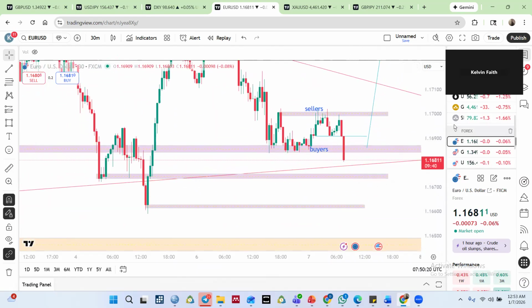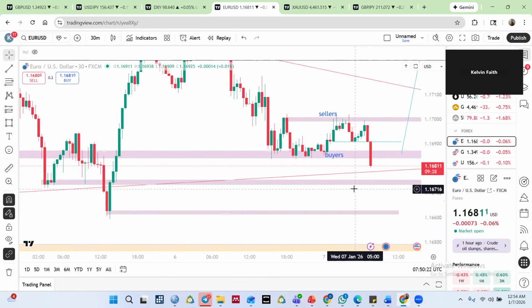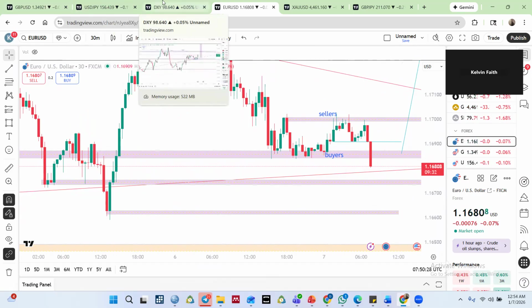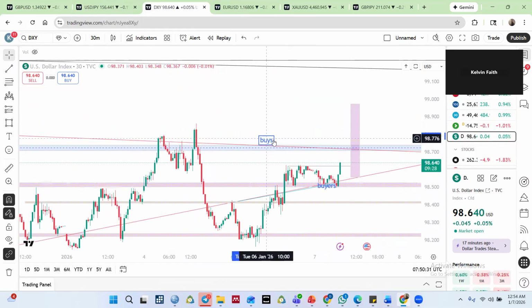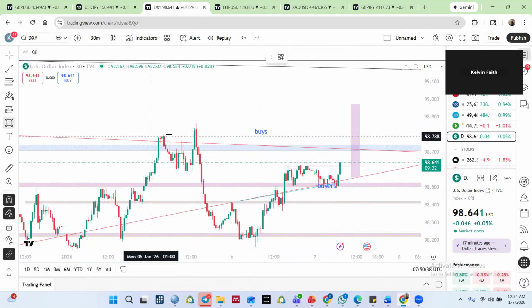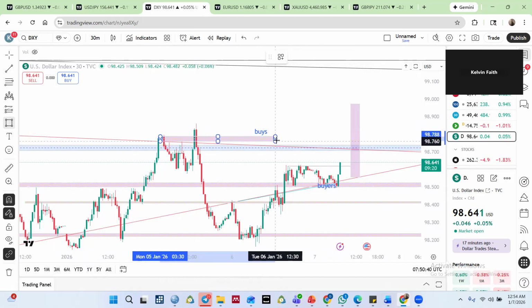So I'll keep looking at the DXY also, to see. Because like I said, I want to be buying from up here. I need a break. So it's similar to the Euro USD. We need this area to break.